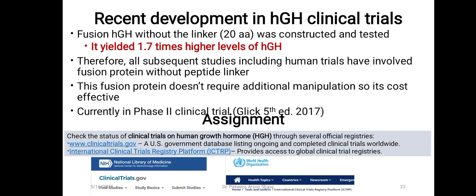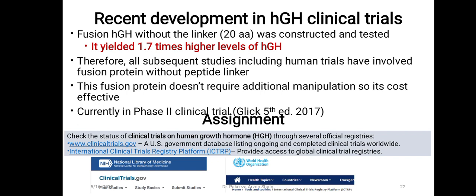And it is very beneficial because it does not require additional manipulation steps. So when the subsequent purification or downstream steps are reduced, it becomes more cost effective. And it is particularly important in resource limited setups such as Pakistan, which is a developing nation.